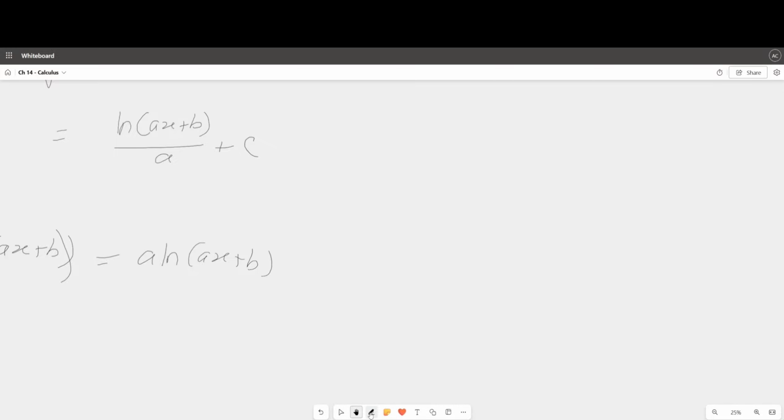Okay, similarly, if we have the integral of sine of ax plus b dx, well, we integrate it to get negative cosine of ax plus b, normally divided by a, plus c. So why are we dividing by a? Well, we're dividing by the derivative of the inside.